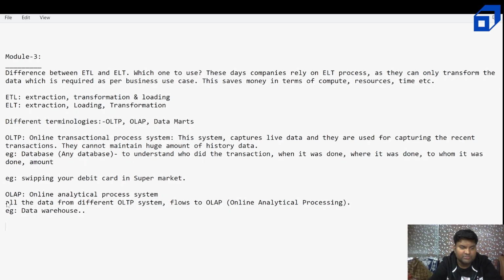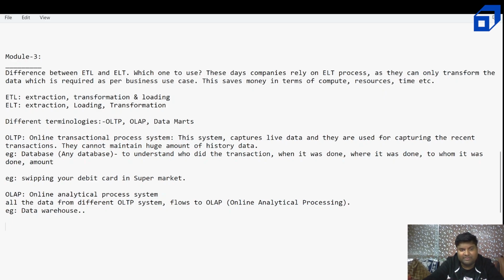Data from different OLTP systems, basically different databases, is captured in one online analytical processing system. Why? Because we need to store the recent data as well as the history data of all the transactions. You cannot store all the history data in your OLTP system.